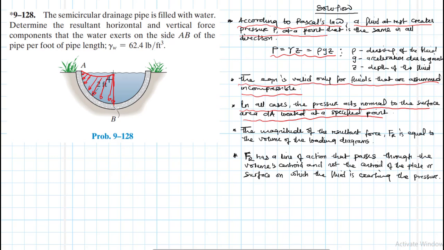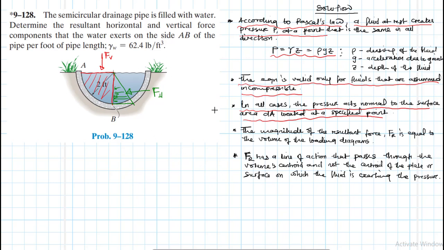Of course, we can find this using calculus, but to make it much easier, we normally distribute this into two blocks. This one, where we consider the weight of the water on the wall or pipe AB, which we call FV, and then we have another distribution like so, which we call our horizontal force FH, and this is what we want to find.